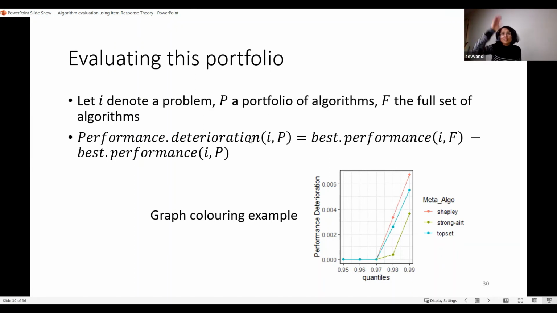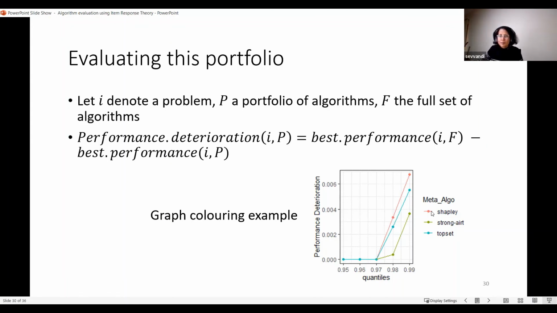When you get the performance deterioration, you want to look at the upper tail of it. Right? Because getting the mean and everything will reduce the upper tail. So you want to see what the big values are like. For the graph coloring example, we compared the strong AIRT, the green one, which is our portfolio using AIRT, with two other portfolios.